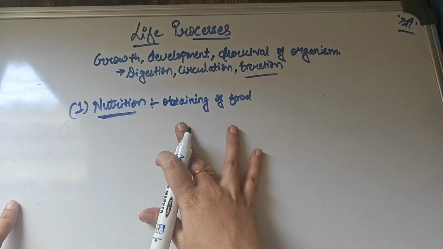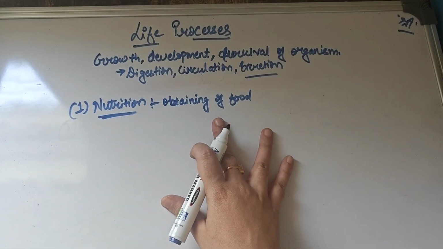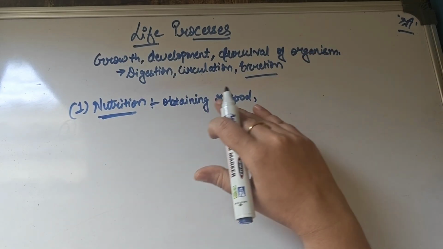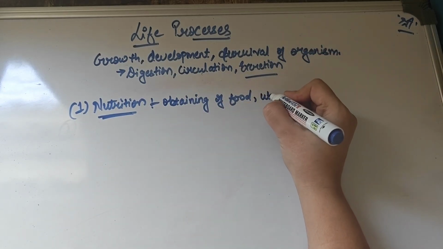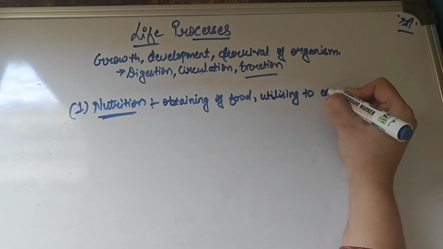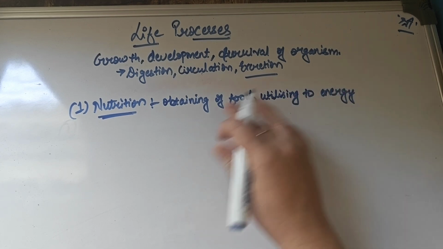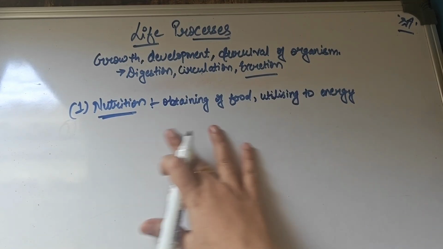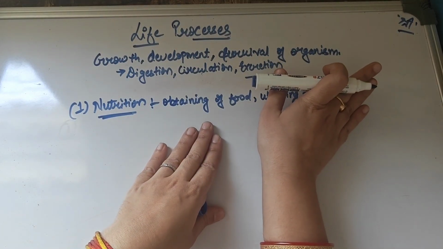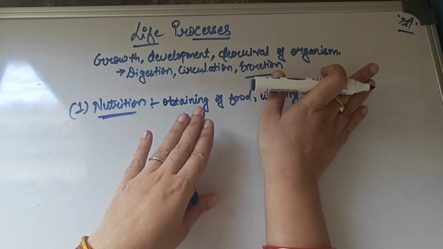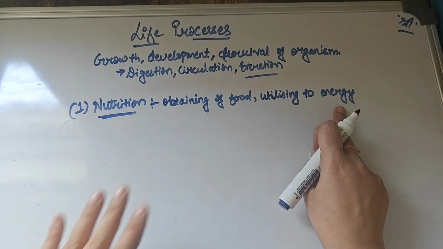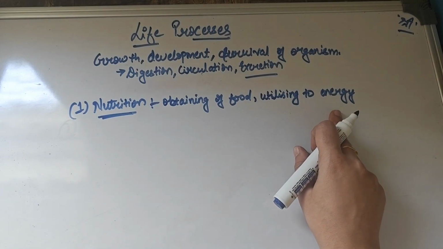Because nutrition is not just the process of obtaining, not just about eating your food, but the process of obtaining your food and then utilizing it to obtain what? Utilizing it to obtain energy. That is what is meant by nutrition. So this is how you can completely define nutrition. You should not just talk about the process of obtaining the food. No, that's not the complete definition, but the process of obtaining the food and then utilizing this food to get energy. This is what is meant by nutrition mainly, right?